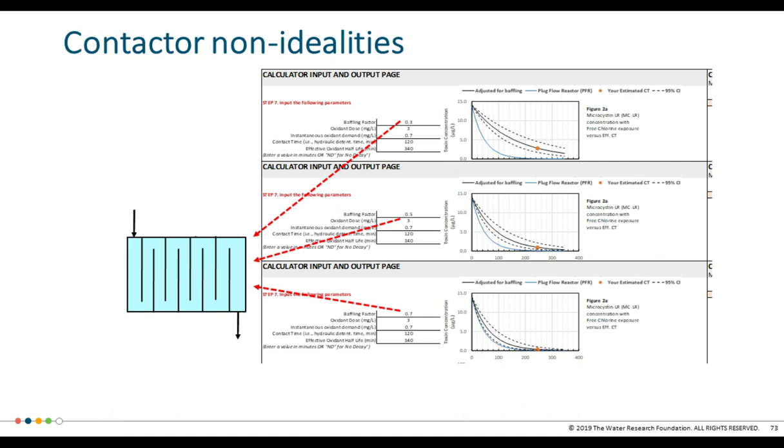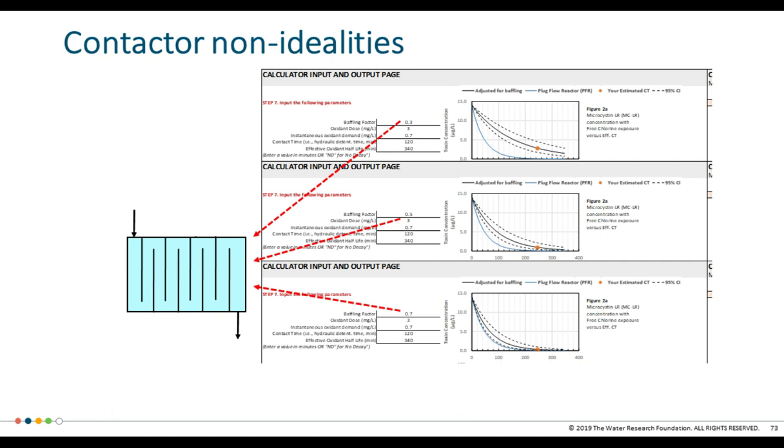So it can also be looked at to examine non-idealities within our contactors, for example. This is a baffle factor of 0.3, and I've drawn a schematic of a contactor with poor baffling. And if you look on the right, you see that the removal takes us down to about 3 micrograms per liter from the 14.